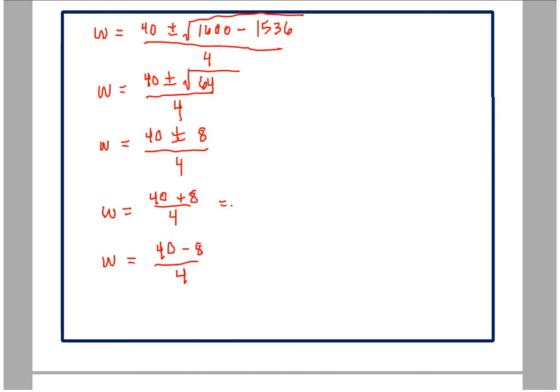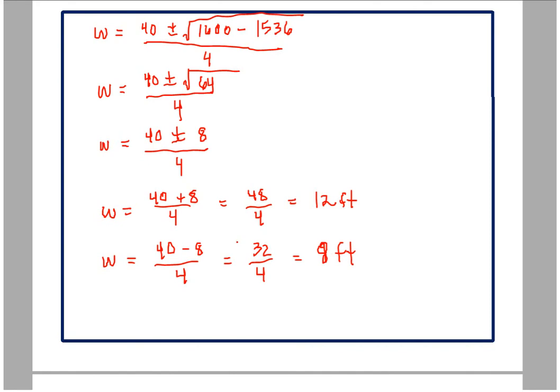Let's solve the top one. So 40 plus 8 is 48 over 4. When we divide it, that gives us 12. So we have 12 feet as a width. Or we have 40 minus 8, which is 32 over 4. So we can also have an 8-foot width.